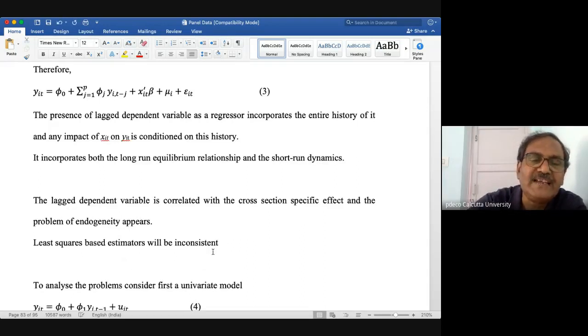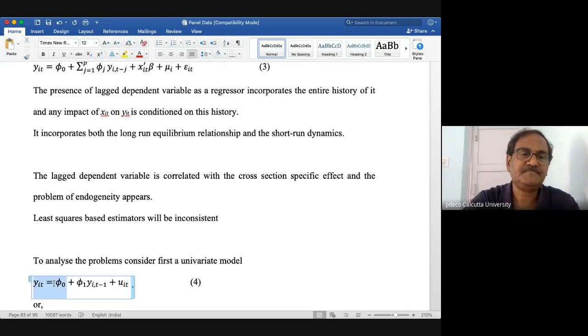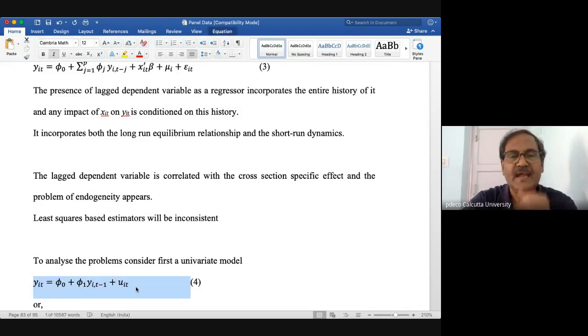So how does this kind of inconsistency or biasedness appear in a dynamic model? To understand the issue, let us first consider the univariate model. So just look at this model. And you can remember, we used this model in carrying out the unit root test.